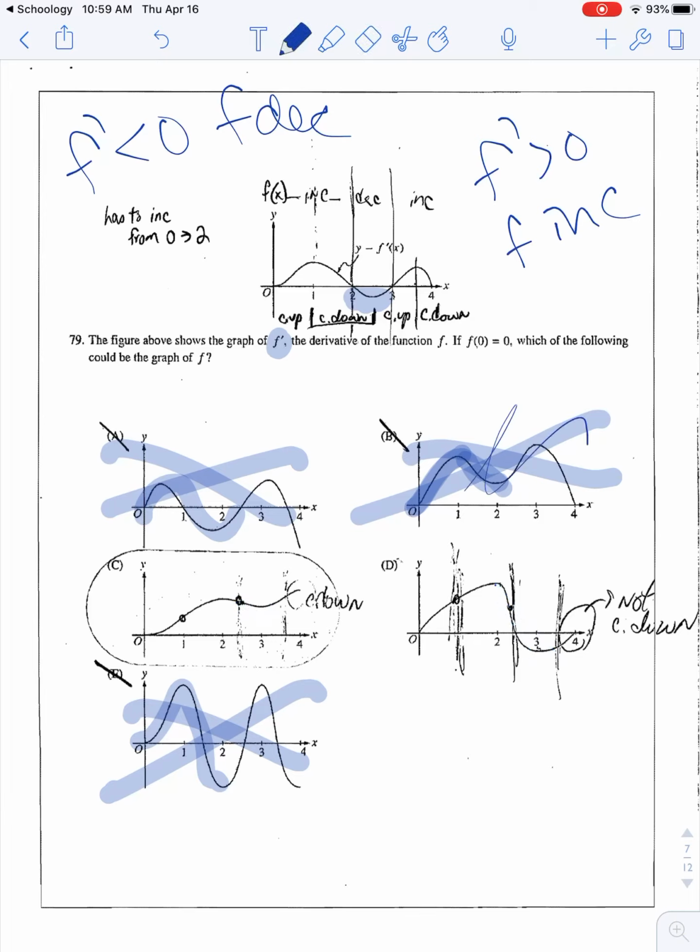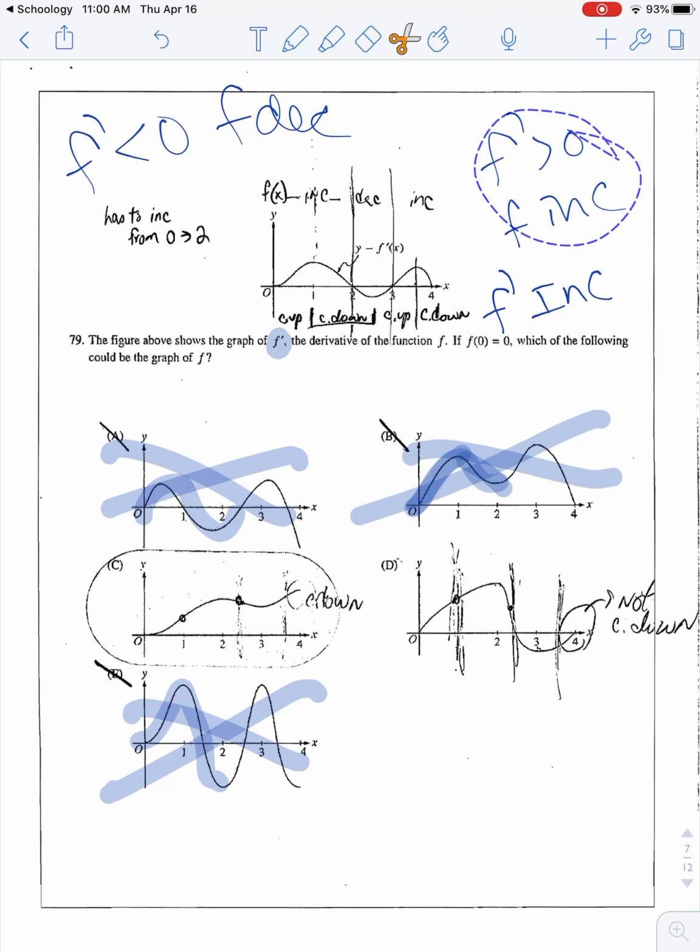So now we have to go a little bit further and we have to look at the second derivative, concavity. So when the derivative is increasing, think about what's happening using our golden rules.